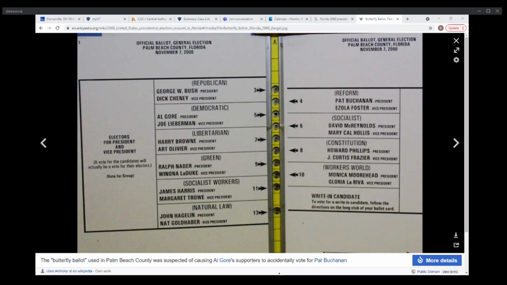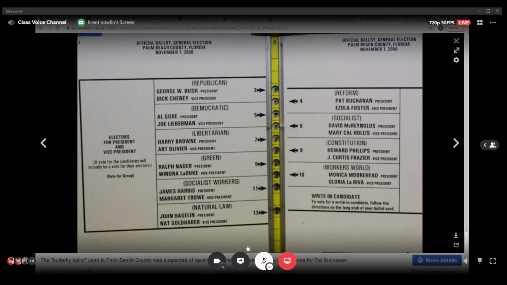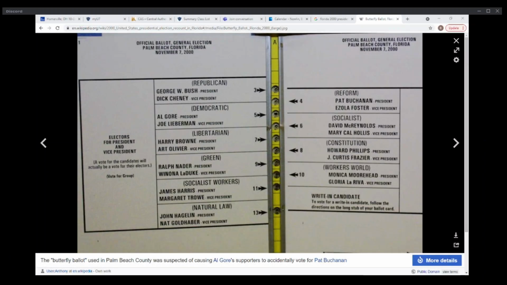So, do you see any issues with the ballot? Probably not among the folks in this lecture. Well, do you see that somebody could mistakenly punch hole number 4, thinking they were voting for Gore?